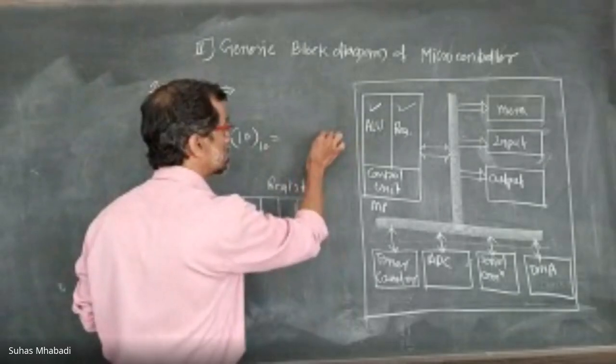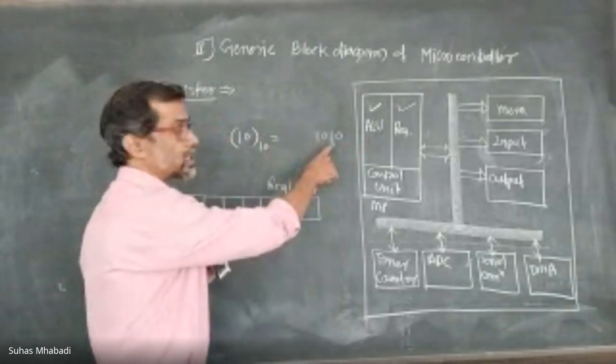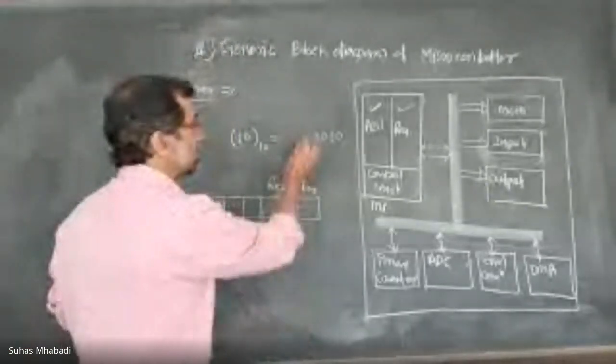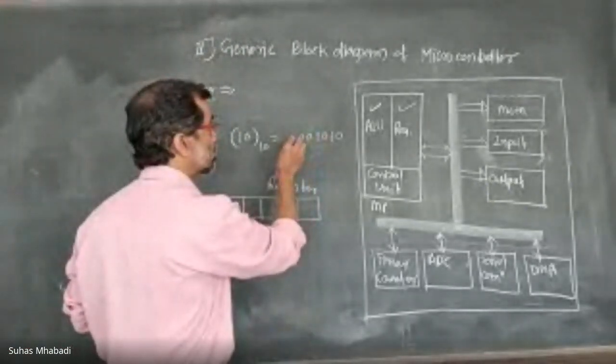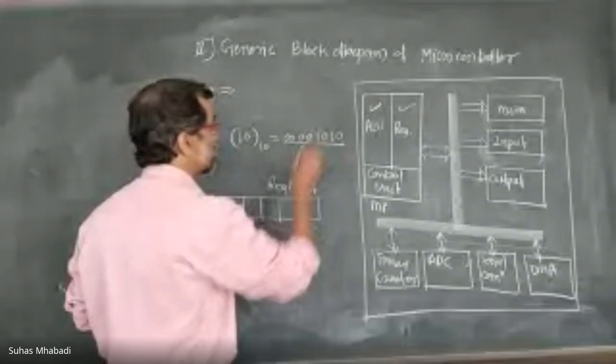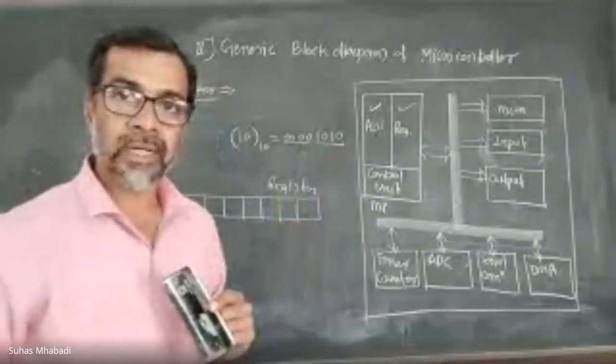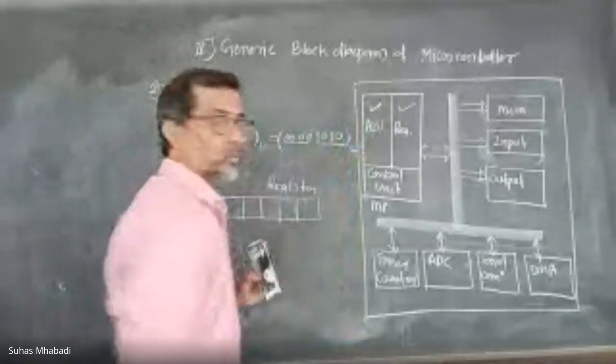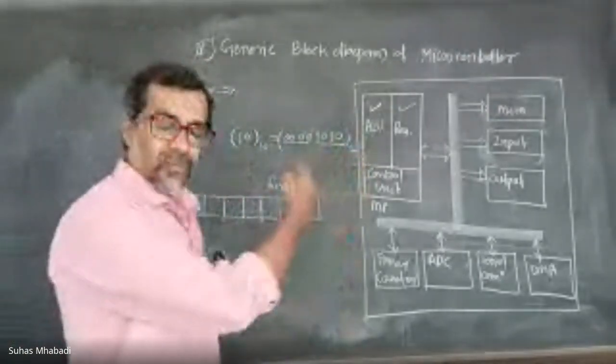I will write this as 0, 1, 0, 1. 8 plus 2, 10. And then the remaining bits will be 0, 0, 0, 0. So what I did, I converted the decimal number 10 to binary format. The base of this is 2. You might be knowing the weightage.